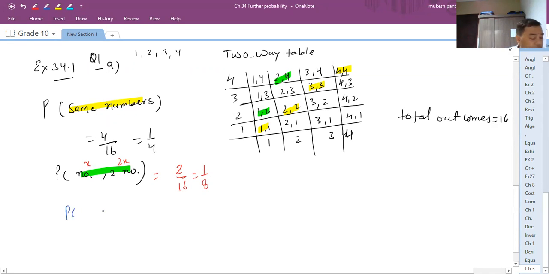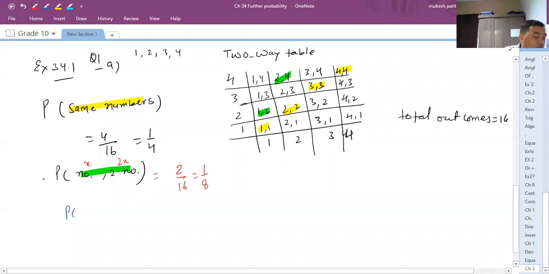Wait, sir. If the number on one die is double the other, can it not be 2 and 1, sir? Only 1 and 2? Yes, your question is right. But according to this statement, we have to write 1 and 2. Why?